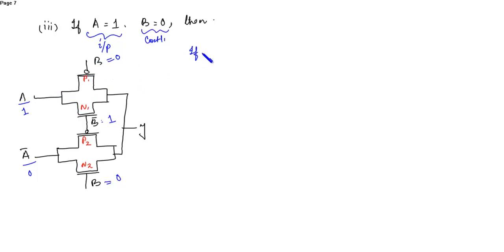So now if B is equal to 0, then 0 at P1, so P1 will turn on. At N1 you get 1, so N1 will also turn on. Okay, as we know that at 0 the PMOS turns on and NMOS turns off.